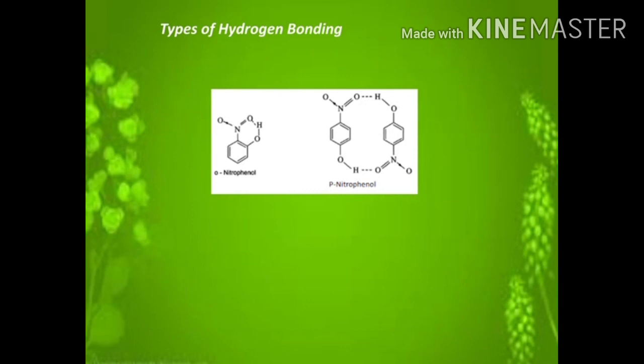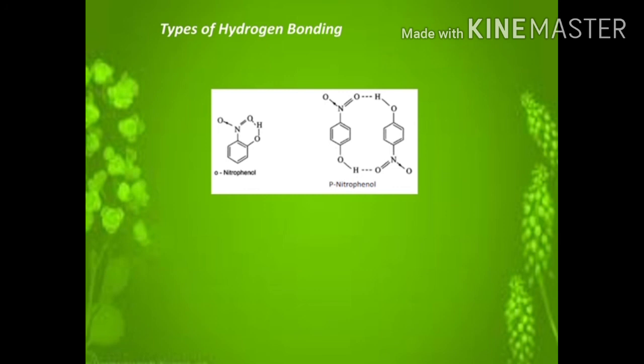See here, two compounds are given. One is orthonitrophenol, another one is paranitrophenol. In orthonitrophenol, intramolecular hydrogen bond is formed. Intramolecular hydrogen bond means the hydrogen bond is formed within the molecule. But in paranitrophenol, intramolecular hydrogen bond is not possible because the functional groups are present at opposite positions.